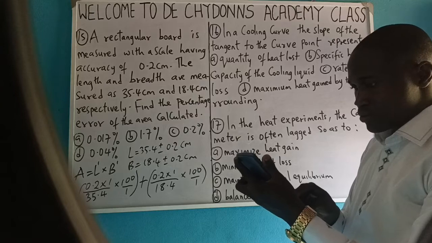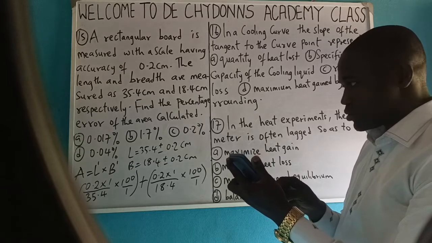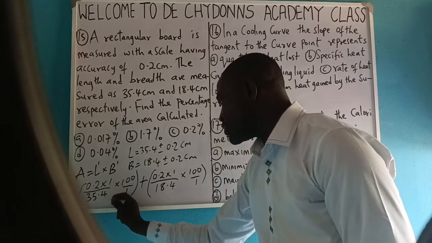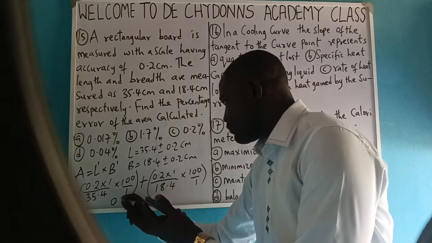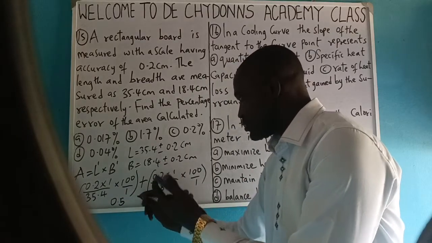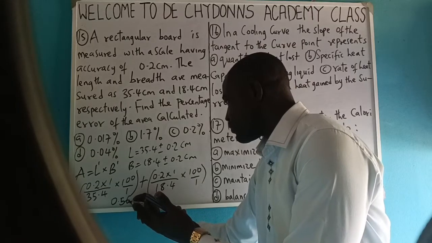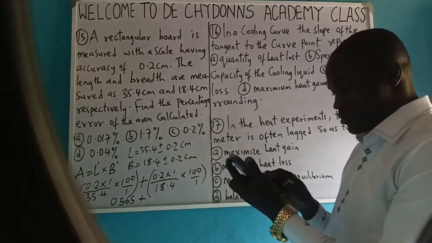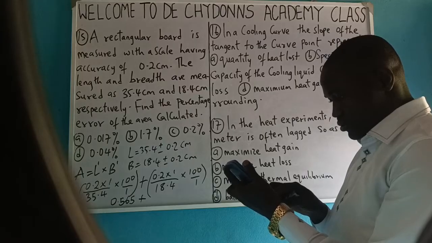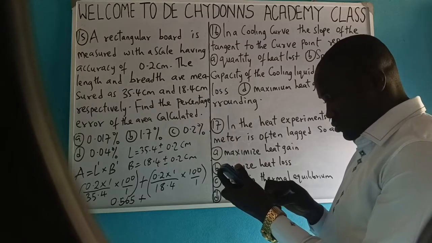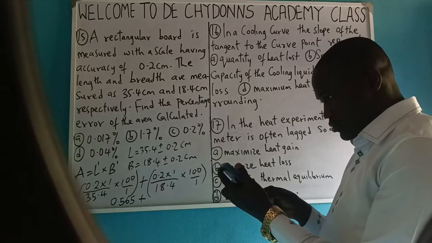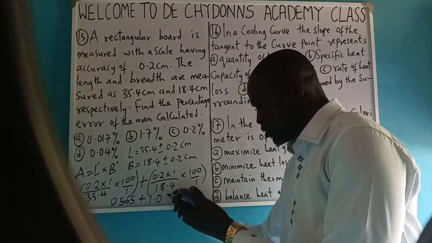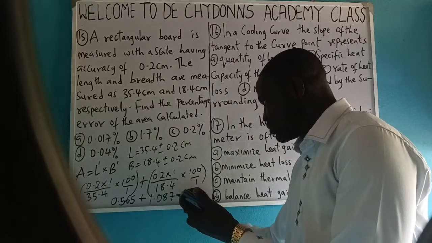0.2. I have here to be 0.565 approximately, plus I got this one to be 1.087.